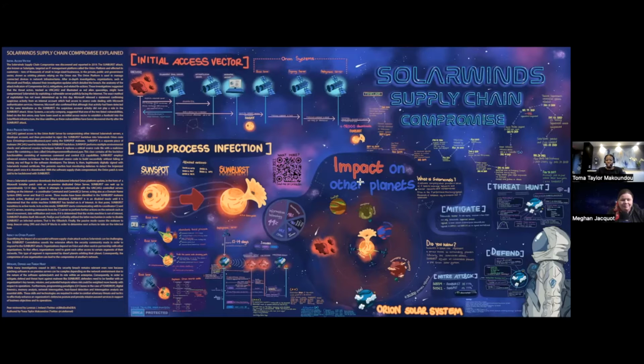Understanding the different TTPs that were used by UNC 2452 was crucial in understanding how you can best align technologies to support the business mission.